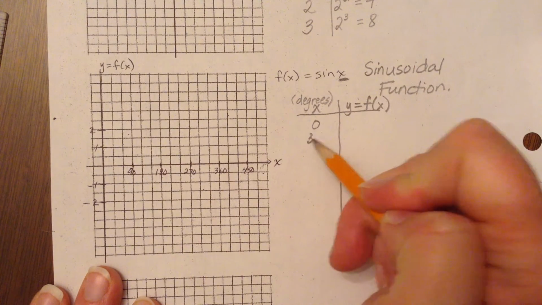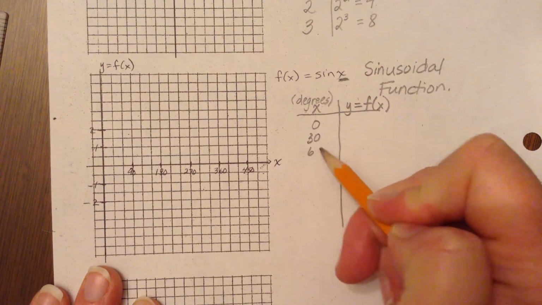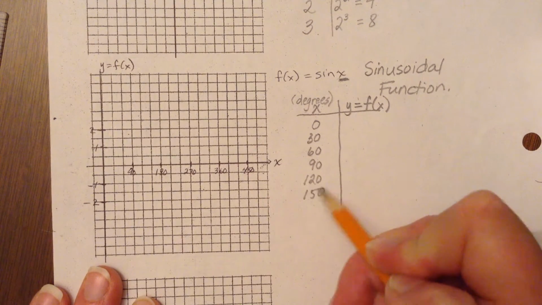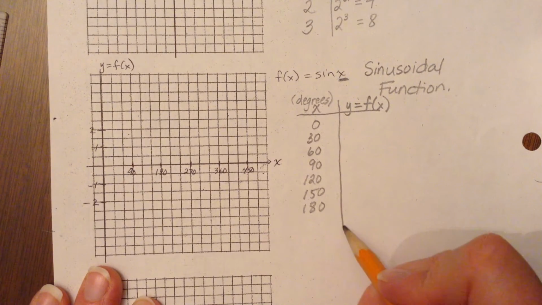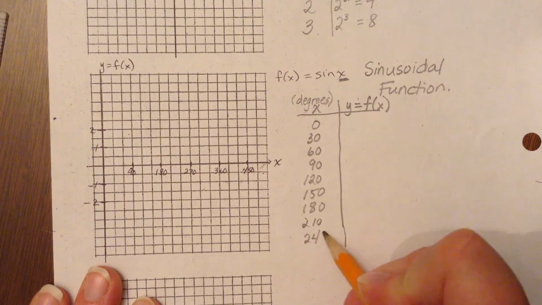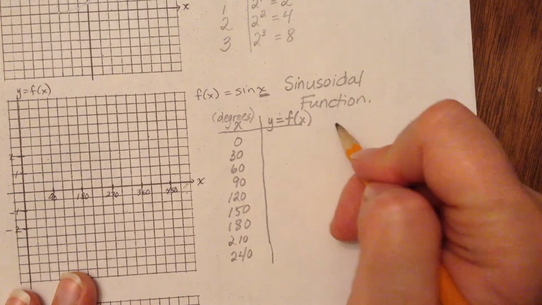So we will start with 0, keeping in mind that these x values are actually in degrees. Then we'll count up by 30s. So 30, 60, 90, 120, 150, 180. And you should continue. Don't stop there. Keep going.